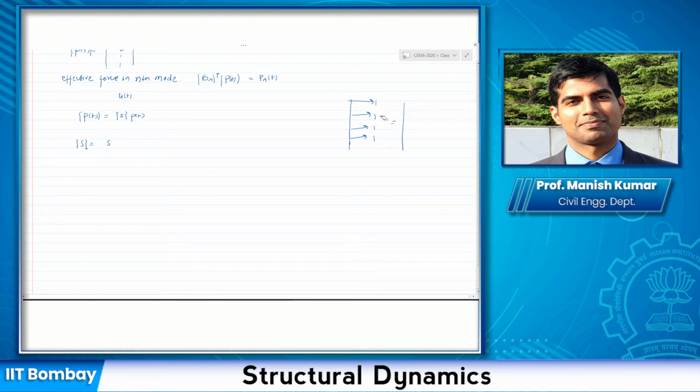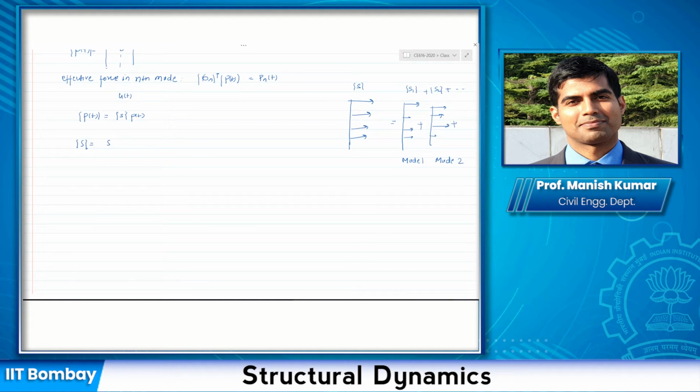Let us say some distribution is there, and let us say this is my vector s here. I want to find a vector s1 plus a vector s2 and so on for each mode. So this is, let us say, mode 1 and this is mode 2 here. Is that clear what I'm trying to do here?